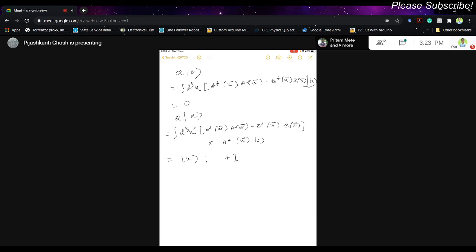Okay, similarly, you will see that the k tilde state has eigenvalue minus 1. So state k has positive charge 1, and k tilde has negative charge minus 1.